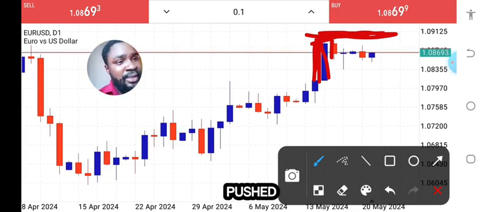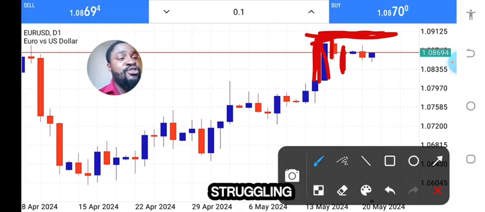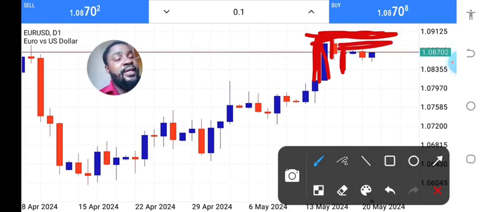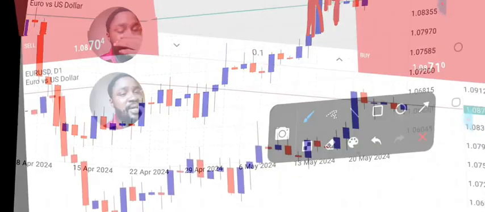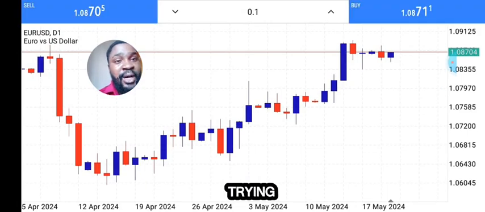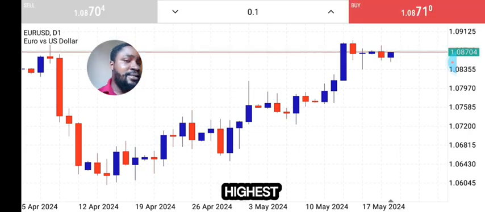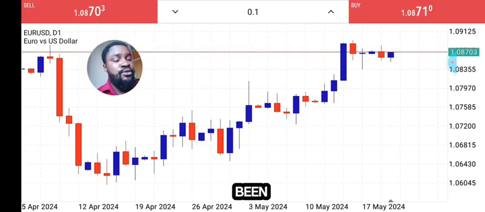They pushed it down, and then buyers were able to pull it back, but they couldn't beat the highest they've been. Ever since then, buyers have been struggling to break that high. The bulls have been trying to break the highest price they have been to.